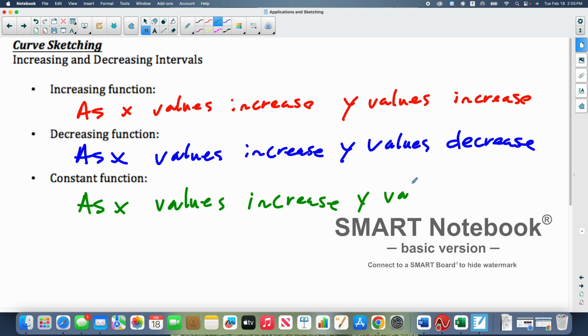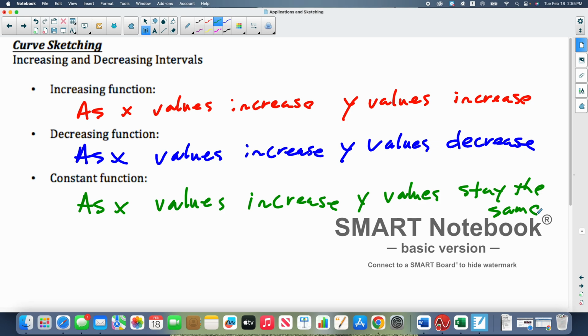Y values stay the same. So when I write that out, the thing that gets annoying to me, all right, is the x values are increasing. I wrote that the whole way through. So what does it mean for the x values to be increasing? Positive slope. Okay. How does x move my graph? Right.